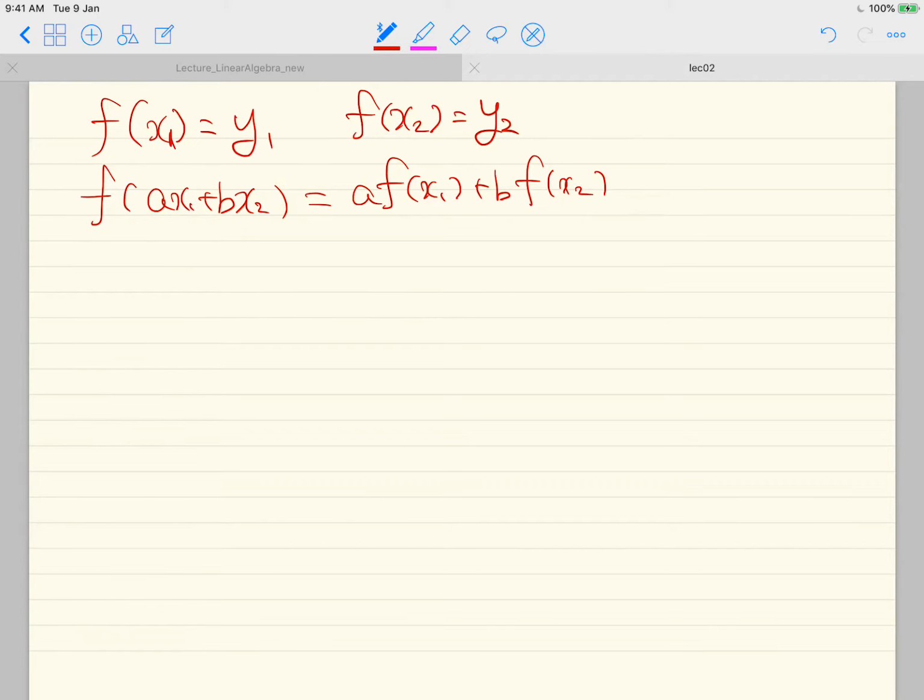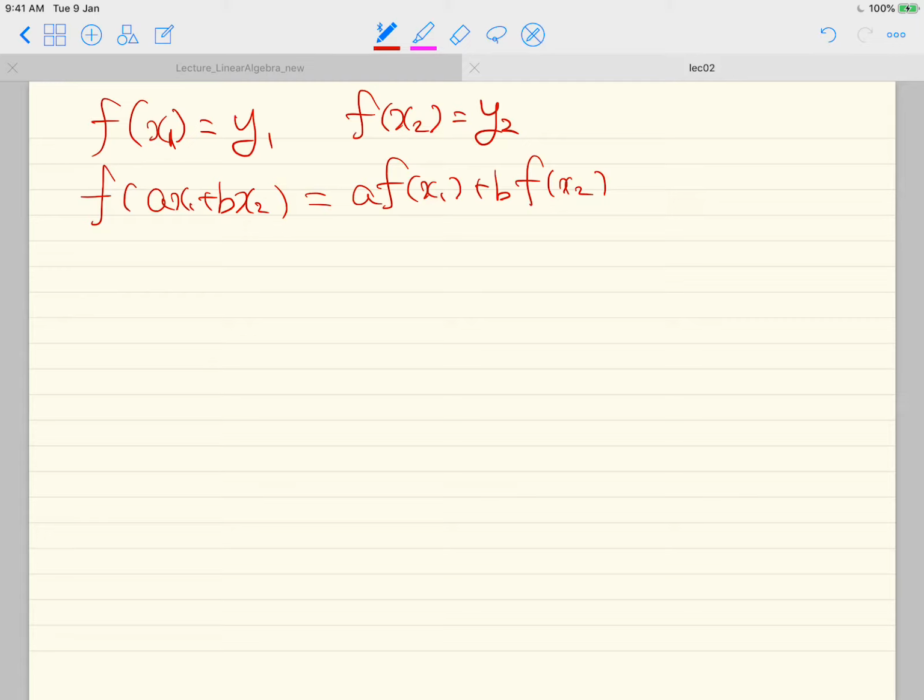Which means whether we take the linear combination first at the input level and then compute the function output, that is always the same as we first compute the function outputs, then do the linear combination by using the same coefficients.